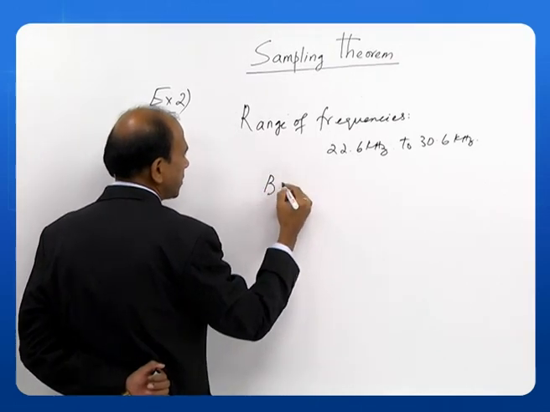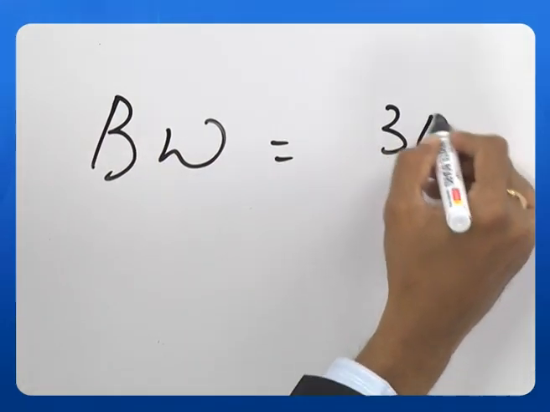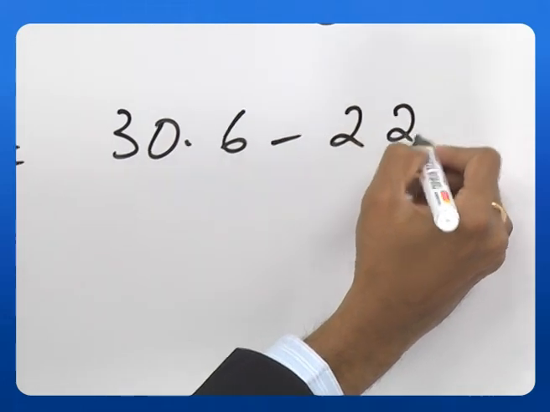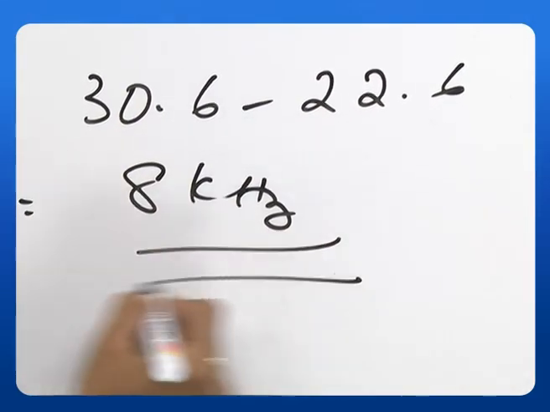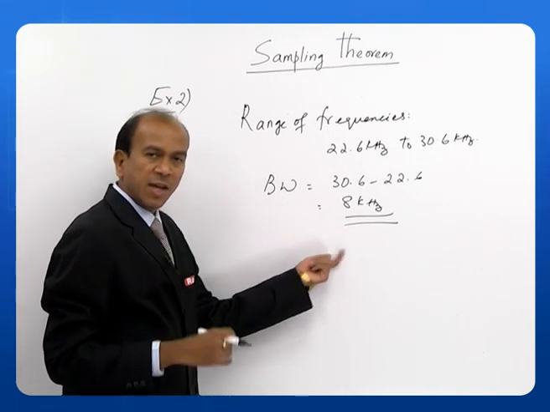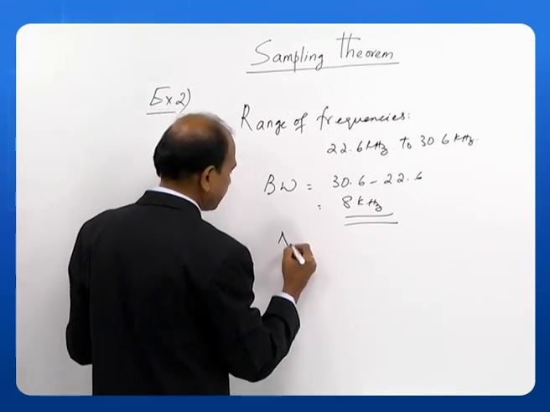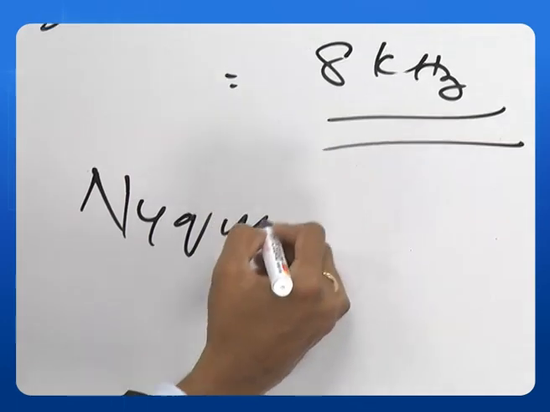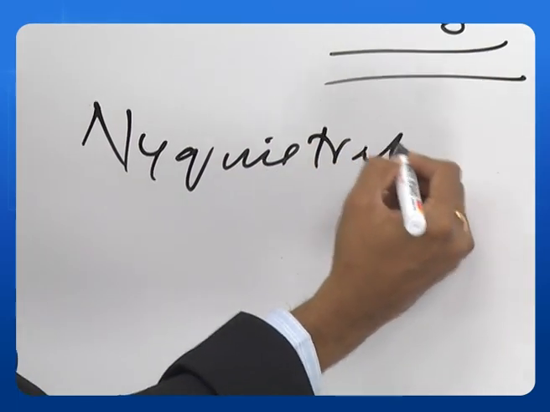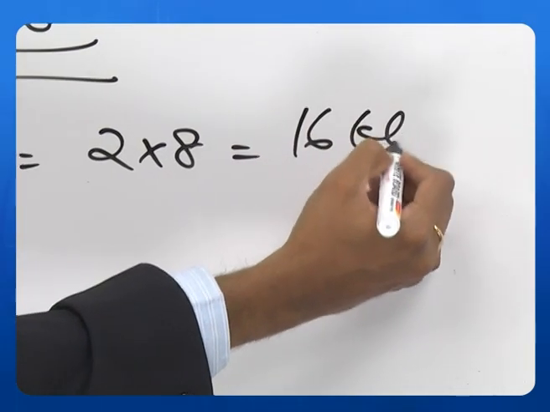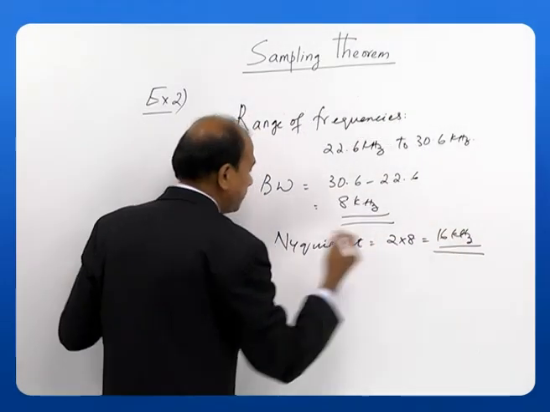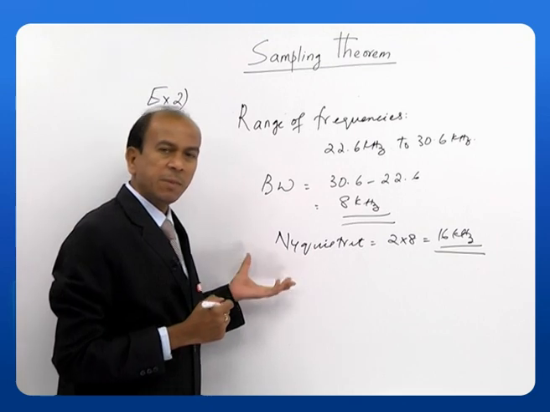The bandwidth will be 30.6 minus 22.6, that is 8 kilohertz. Now, this is our maximum frequency. So, the Nyquist rate will be 2 into 8 kilohertz, that is 16 kilohertz.